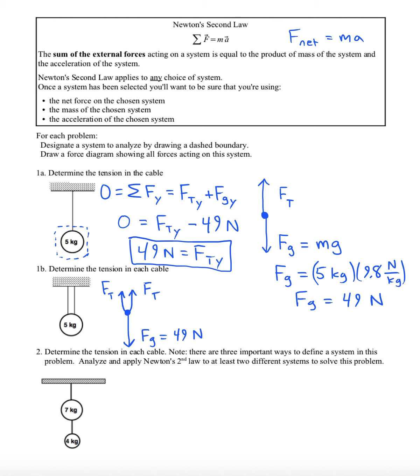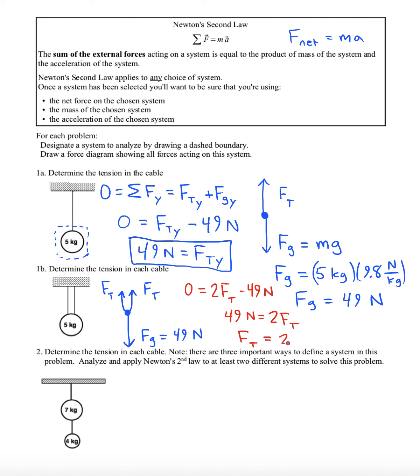If we were setting up the problem in this case, we would get 0 equals 2 Ft minus 49 newtons. Add to the other side, and then divide by 2.